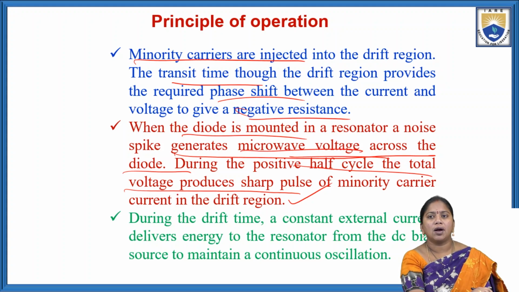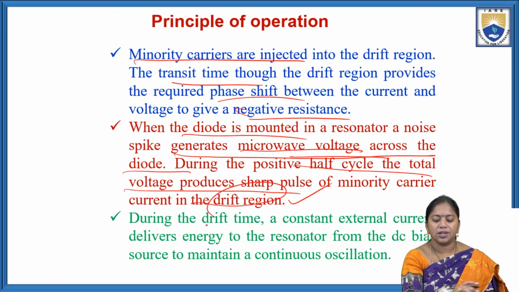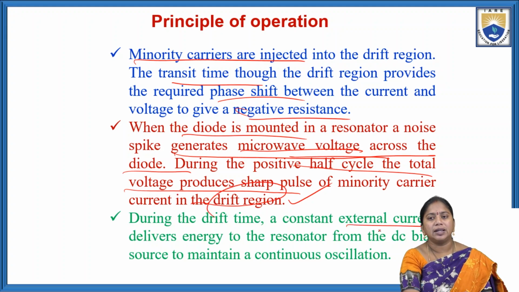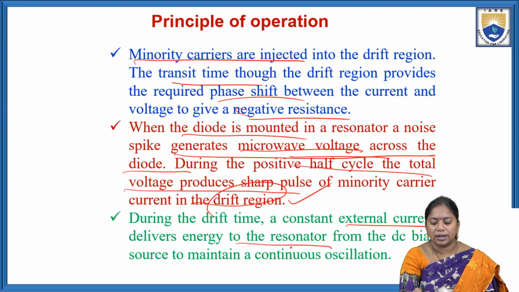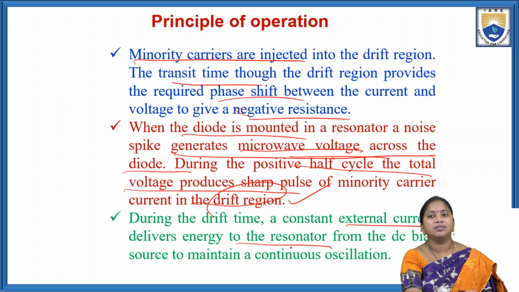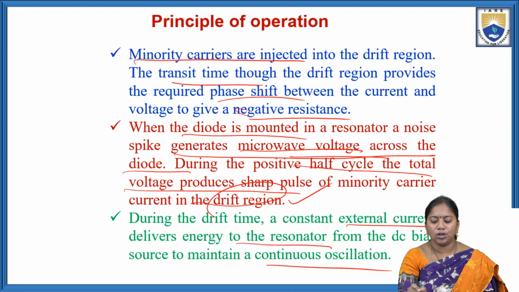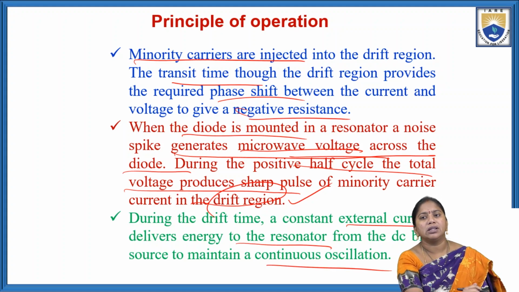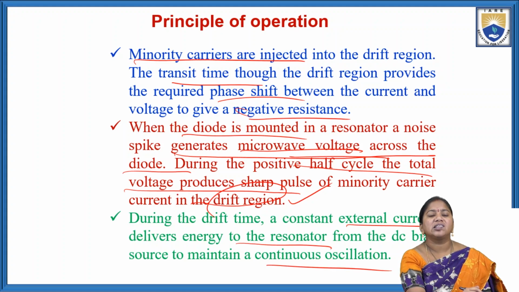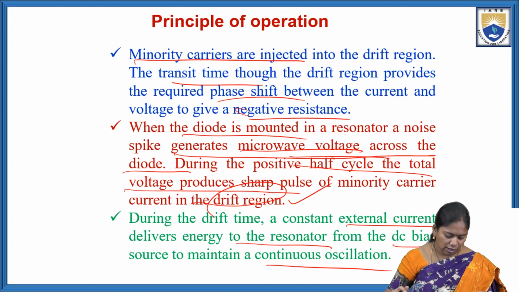During the positive half cycle, the total voltage produces a sharp pulse of minority carrier current in the drift region. During the drift time, a constant external current delivers energy to the resonator from the DC bias source to maintain a continuous oscillation.